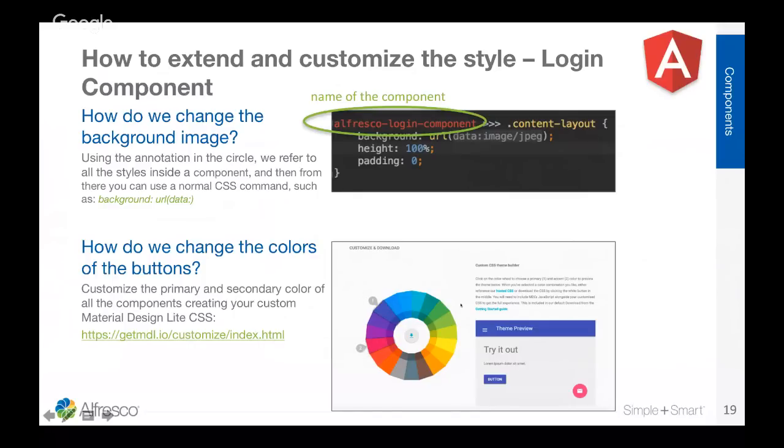You go on this website, you pick your colors, and then you can download this CSS and replace the CSS that is inside the application with this CSS here, and you will see all the text, all the buttons of the application change accordingly with the colors that you have selected through this tool.